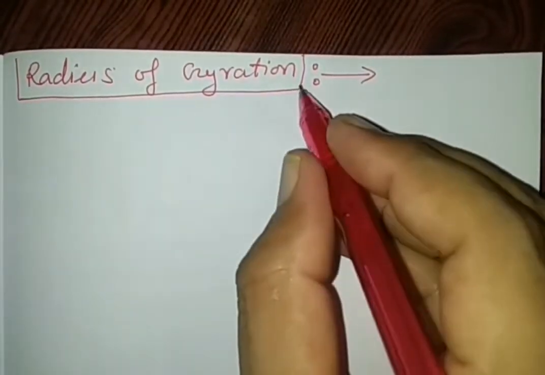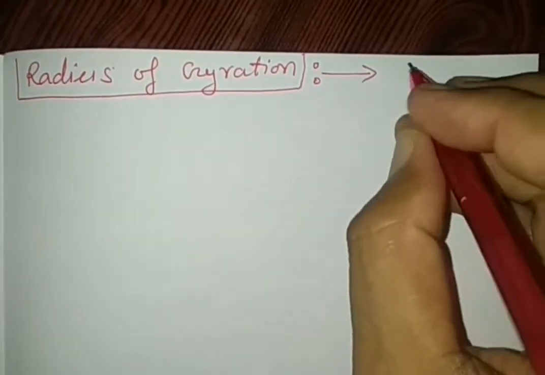This is radius of gyration. See the concept and its statement.